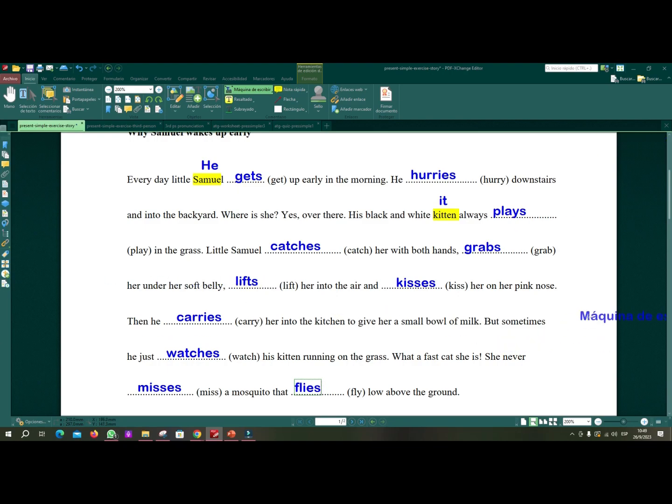Then he carries her into the kitchen where he gives her a same bowl of milk with some leaves.